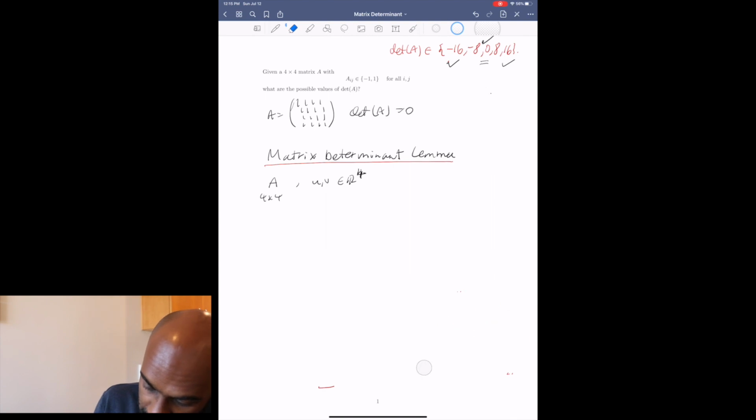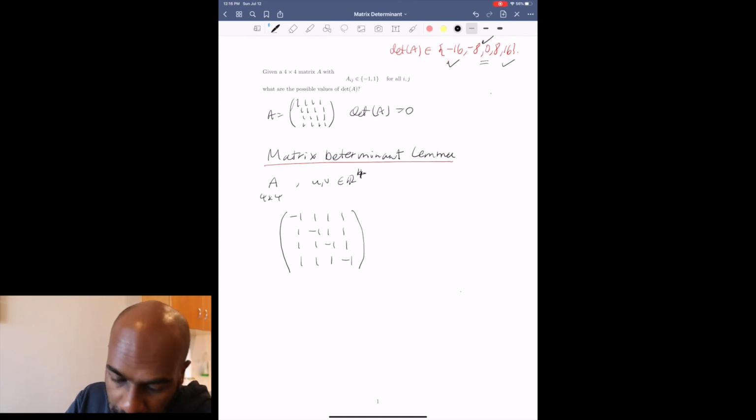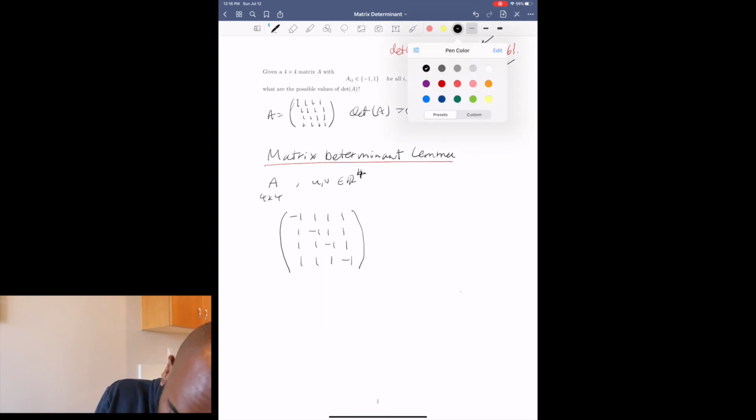And so what I'm going to do is write out the matrix that actually gives you the determinant that you want. So it's going to be the matrix that we had before with negative 1s on the diagonal, and 1s everywhere else. But we're just going to make one small perturbation by changing this top left entry here from a negative 1 to a positive 1.